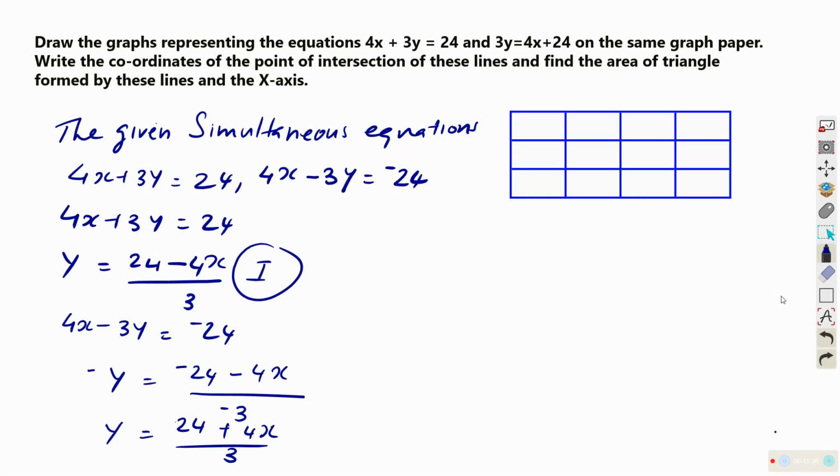We'll think about x and y values for both the equations. First we will consider y is equal to 24 minus 4x upon 3. So we will make a table for that.